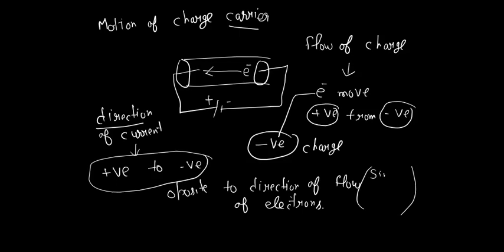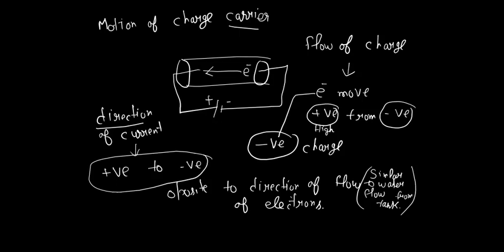It is similar to a water tank at a certain height, where water will flow from that height towards the earth. Similarly, electric current flows in a conductor from the positive to the negative terminal.